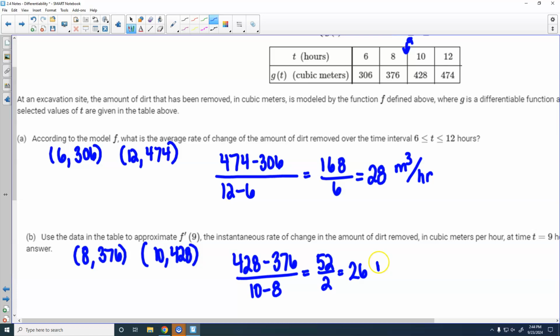Units are still the same: cubic meters per hour. You're just going to use those 2 points that are the closest.